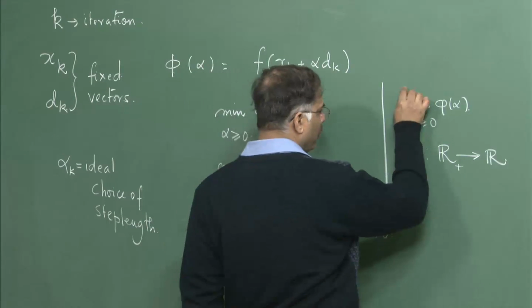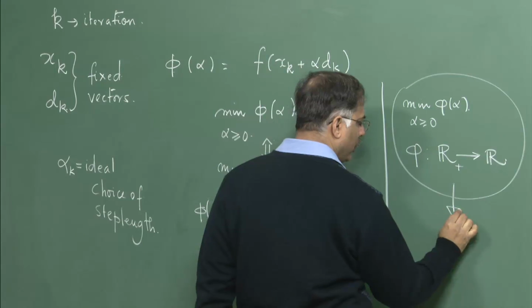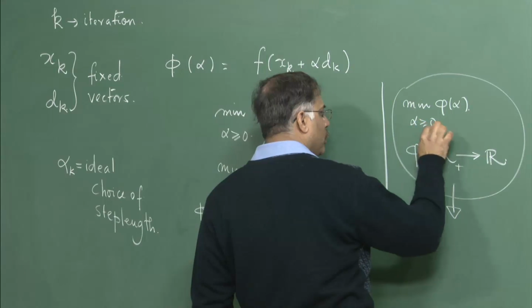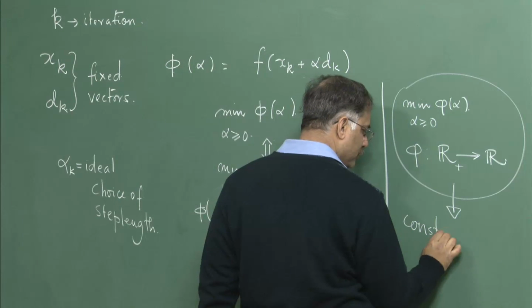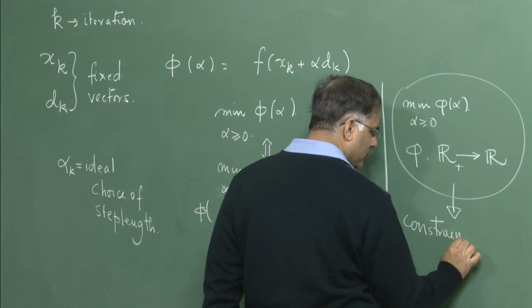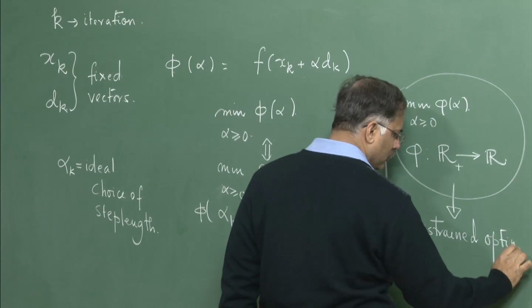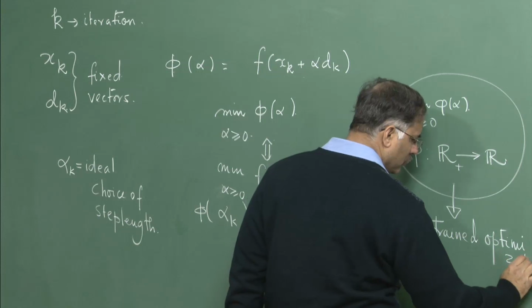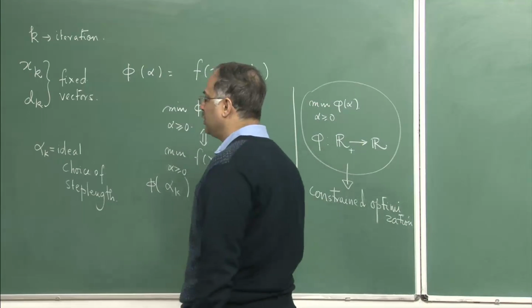Now, this problem is a constrained optimization problem, because you have an additional constraint that alpha is restricted to the non-negative part of R. So, it is a constrained optimization problem.